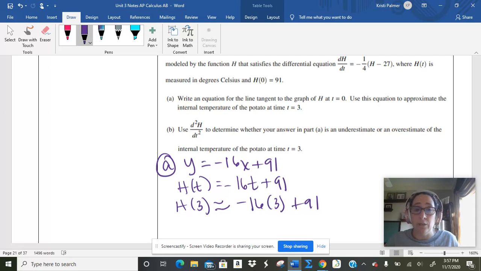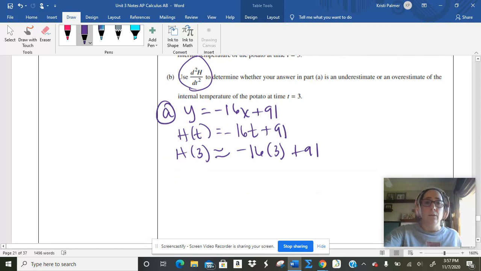So what do you think we're going to do if we're finding the second derivative now? We're going to see if this approximation was an over or an under estimate. And how do we do that? Well, we see if the second derivative is going to be either concave up or concave down, and that's going to let us know. So positive or negative second derivative.